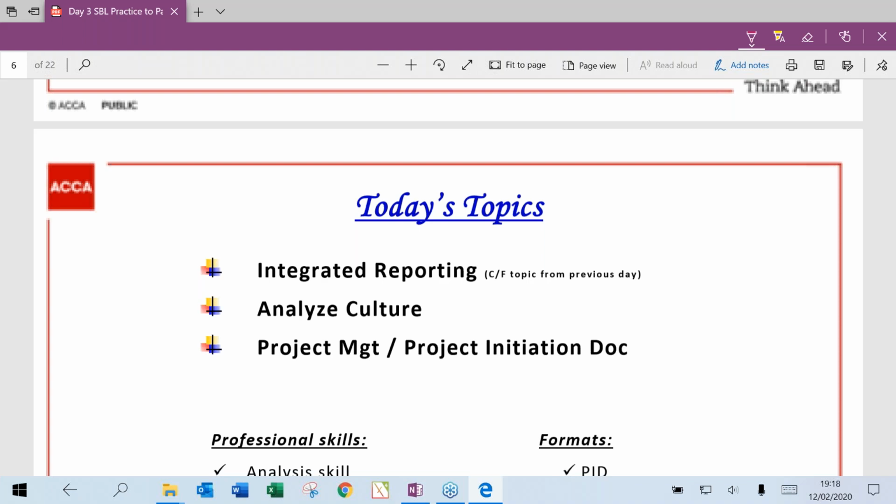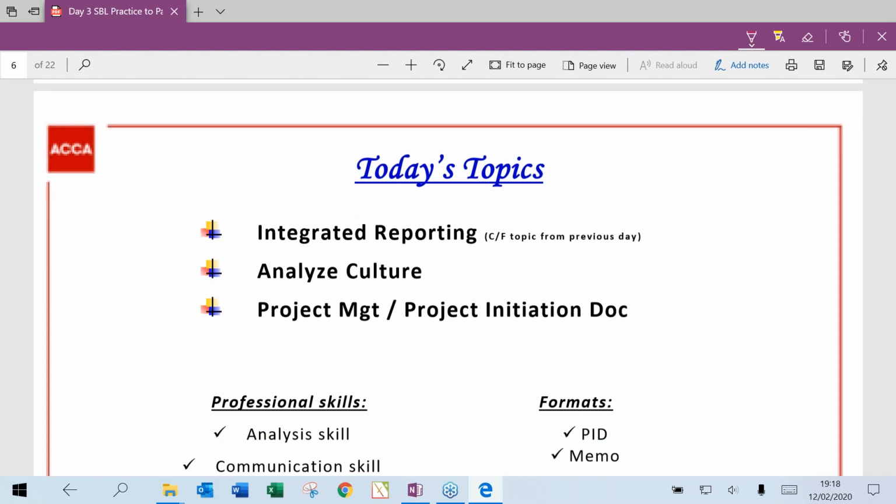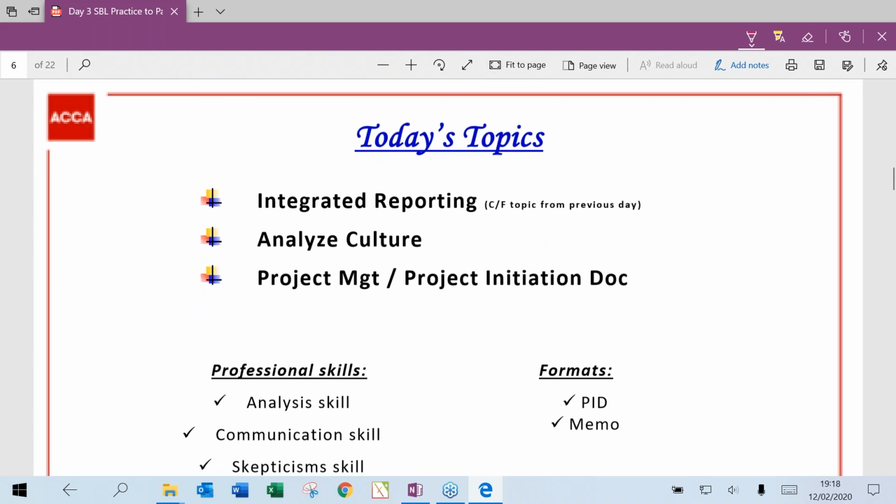And then after that, I have deliberately selected the topic of culture because I feel it's a complicated model, and I will explain to you the model, and then we will do an actual question just to see how we handle a question on culture. And then we will talk about project management and project initiation document, right? So today I've just kept 3 topics, and all these three are complicated topics.